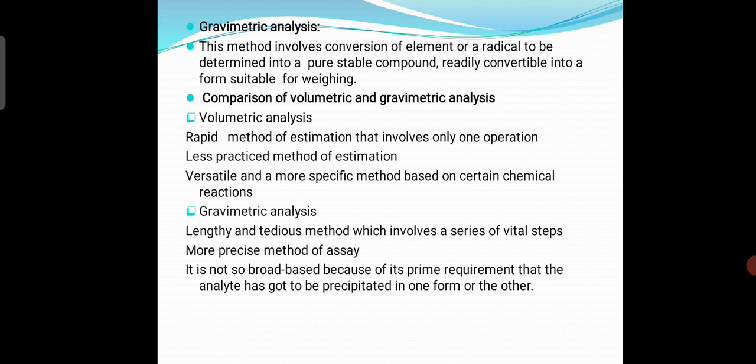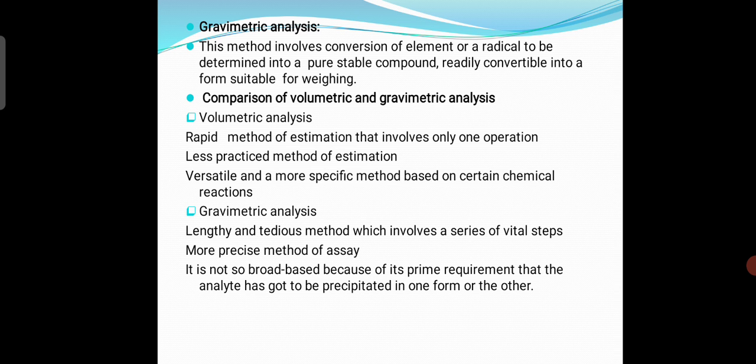Gravimetric analysis. Gravimetric analysis means we are converting an element or a radical into a pure stable compound. So after converting into a compound, then we weigh it and we will do our experiment. So that is called a gravimetric analysis.